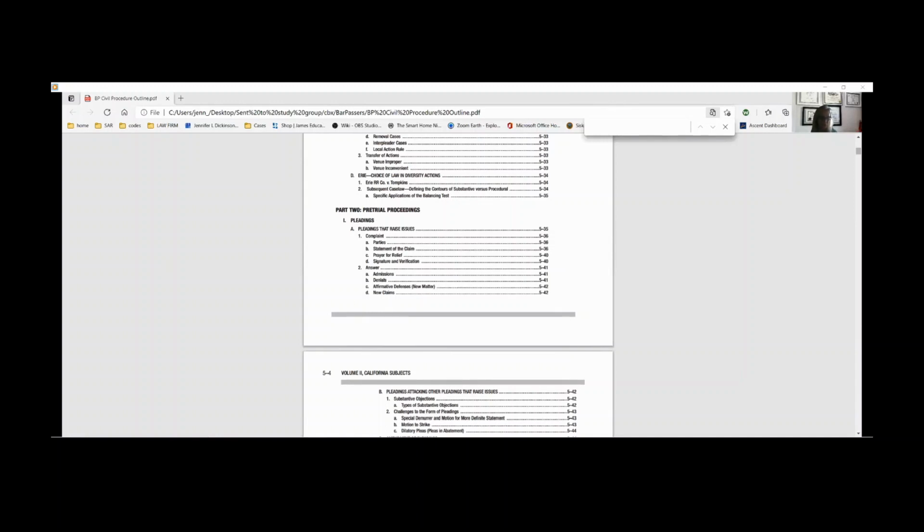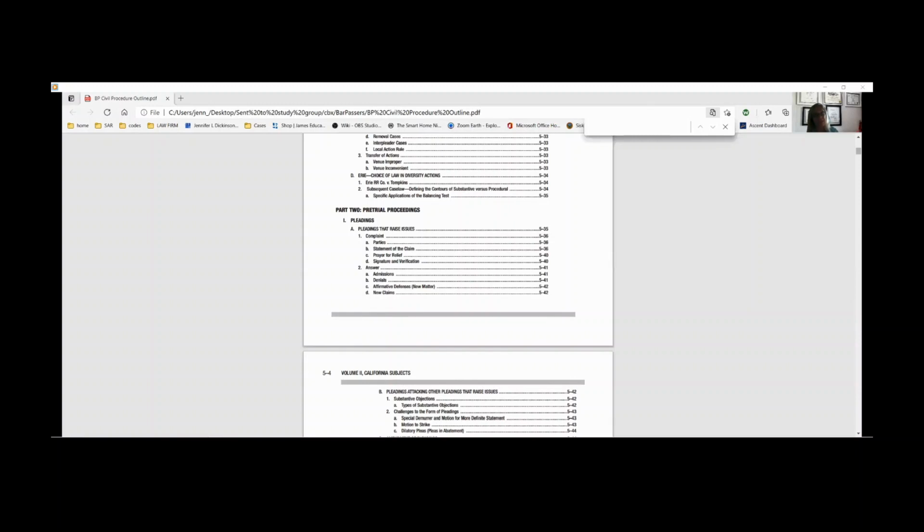So you have to know that the complaint, and in civil procedure, it's relatively the same as with federal rules of evidence. I mean, federal civil procedure code. In California, they're identical. The complaint is, you have to ID the parties.